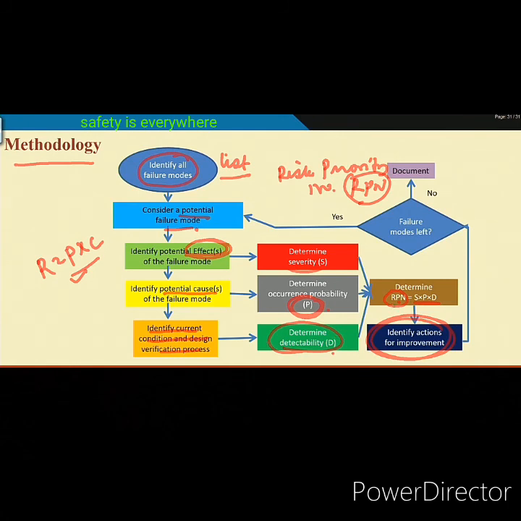In either of the three or in combination, you tell what actions are to be taken. Then for every failure mode, you ask whether any other failure mode is left. If yes, take the next one and repeat this process. If no, document this. The FMEA documentation we will also discuss in the next class.